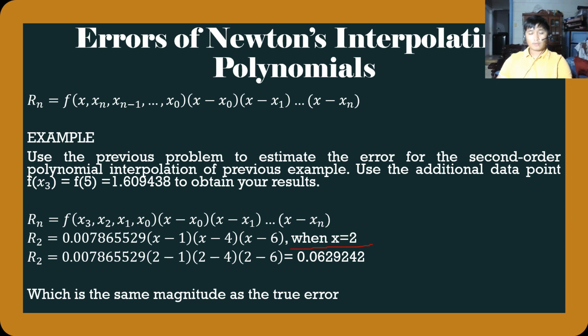We let the value x equal to 0, then we can calculate and arrive at this value here, which, if we can see, the magnitude of the calculated error is the same as the true value.